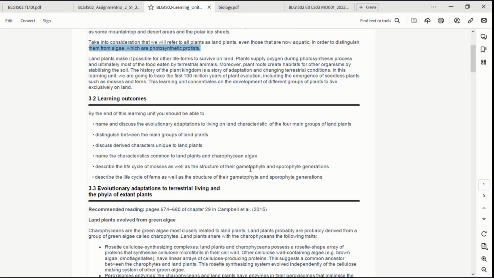These various life cycles, you need to know them, even for those who were attending BLG 1501.